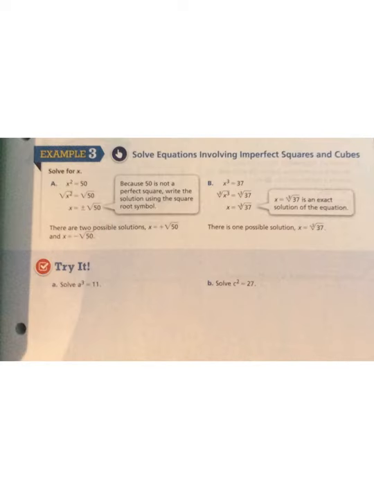So sometimes we might get answers that are not perfect, meaning decimal answers. As you look at example 3 and letter A, it says 50 is not a perfect square, so they just wrote their solution as the square root of 50. We could have typed that in to get the decimal answer and written the decimal answer if we would have liked.